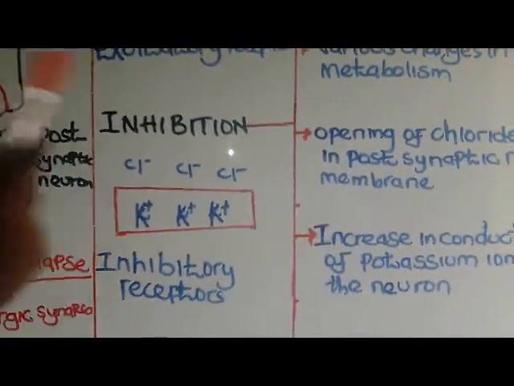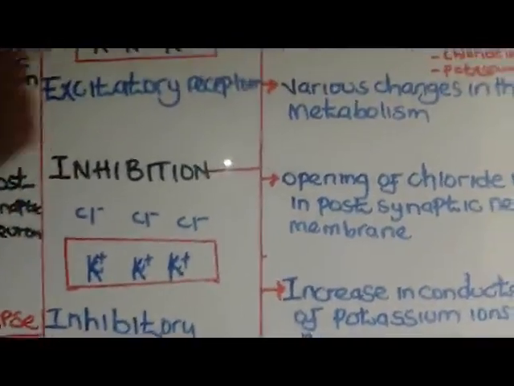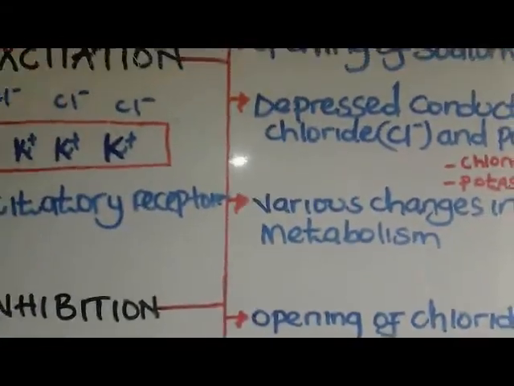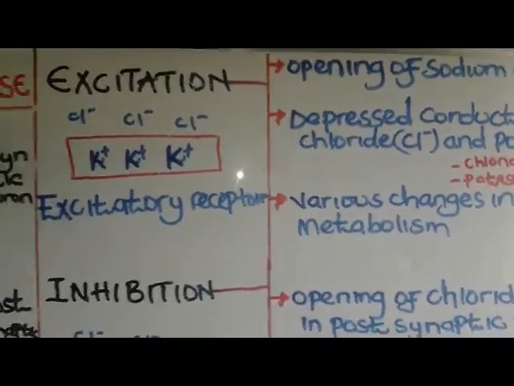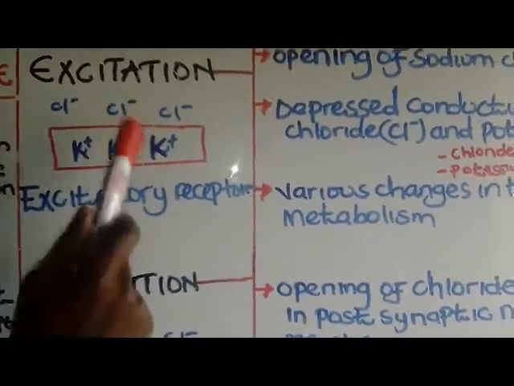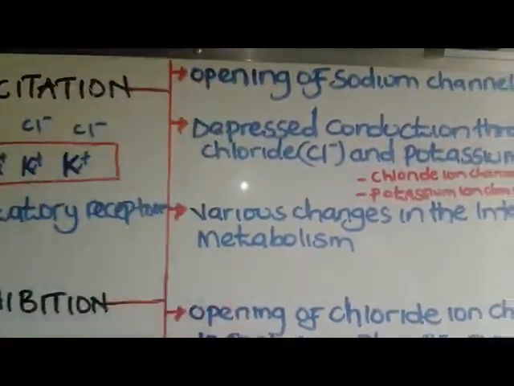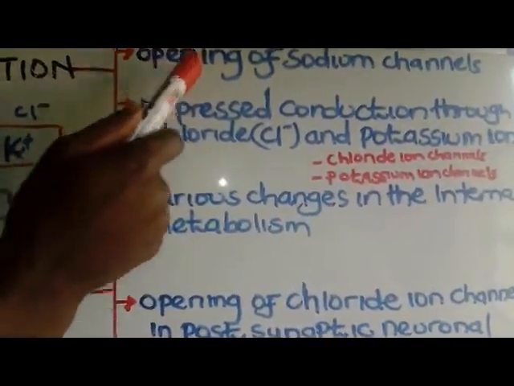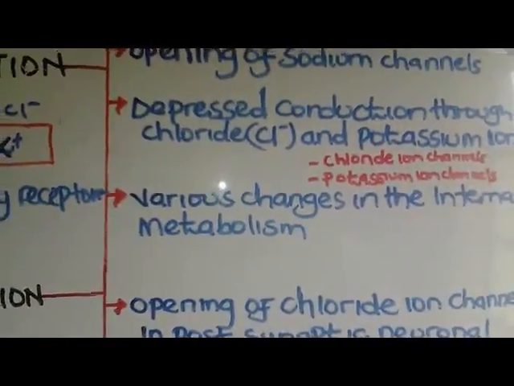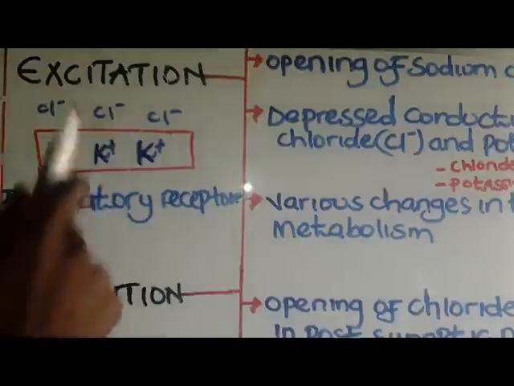How are we going to see this one acting? I want you to grasp this properly. We are going to see excitation taking place. The following are going to occur, but one is going to be the opening of the sodium channel.